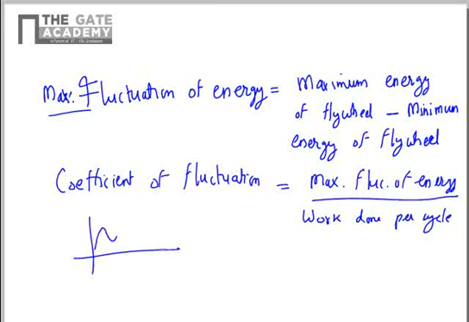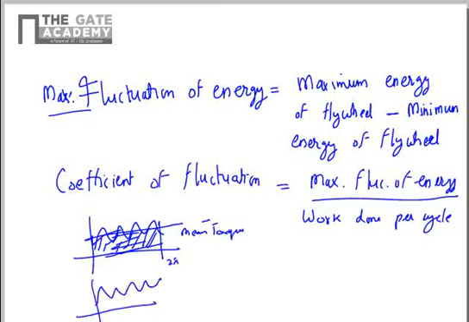So you'll have a cycle, you'll have a fluctuating energy, you'll have a mean. You can calculate the work done per cycle by multiplying the mean torque with the cycle angular displacement, maybe 2 pi or 4 pi. So that is the work done in a cycle, which is the work done in the rectangular area, and then you have the fluctuation. So you can get the fluctuating energy.